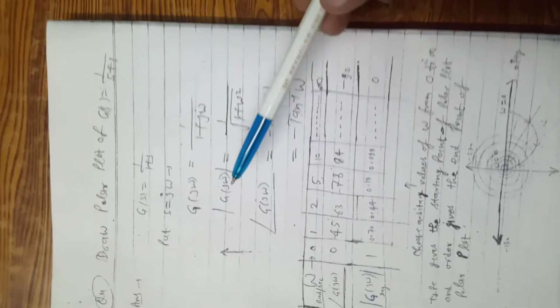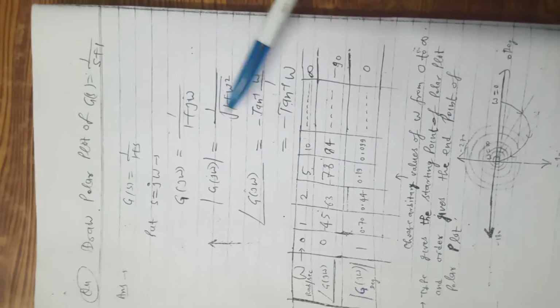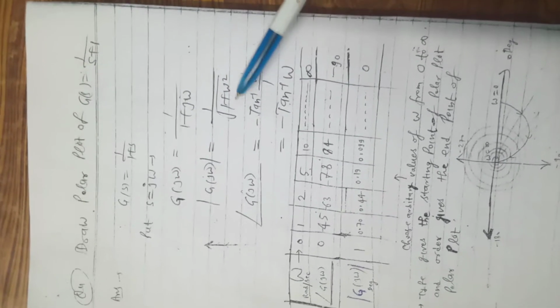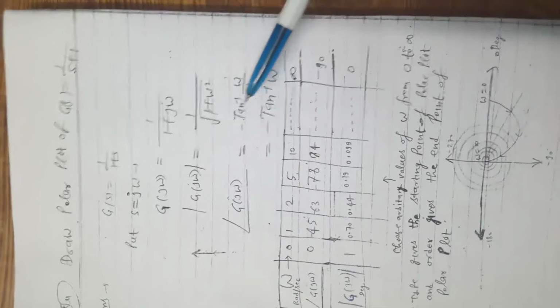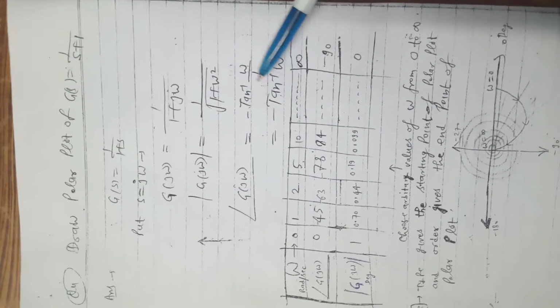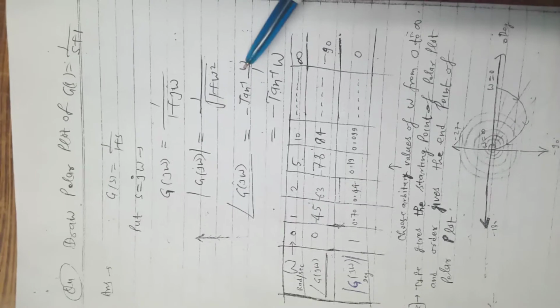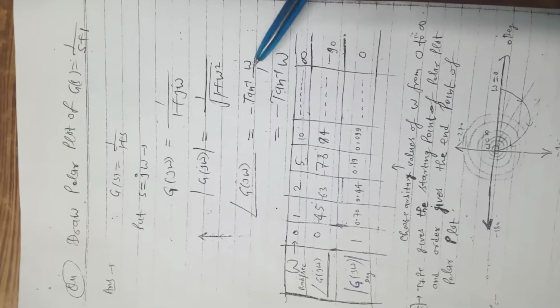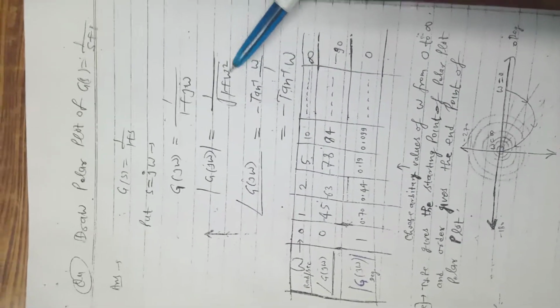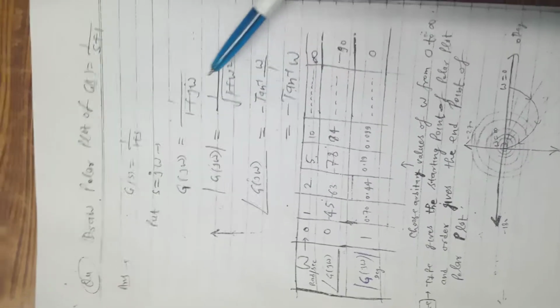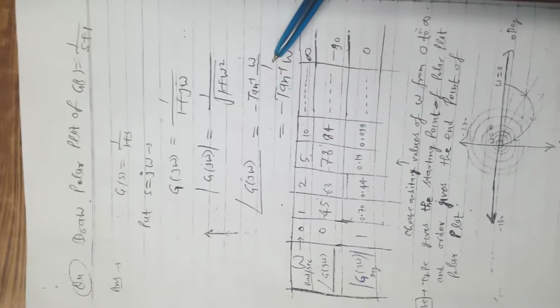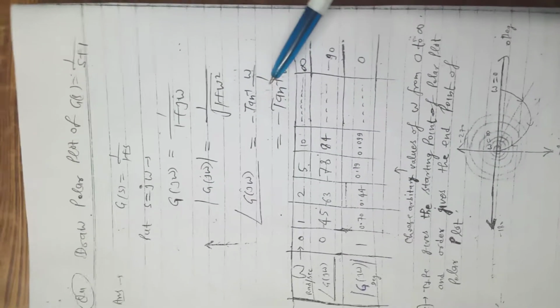So calculate the magnitude. It will become 1/√(a²+b²), that means 1/√(1+ω²). And the phase will be 1/tan⁻¹(b/a), imaginary by real, that means tan⁻¹(ω/1).